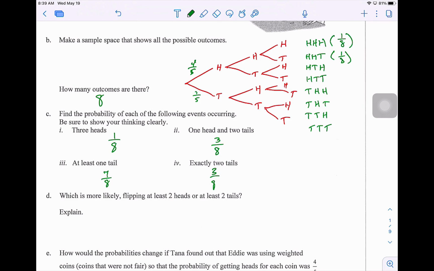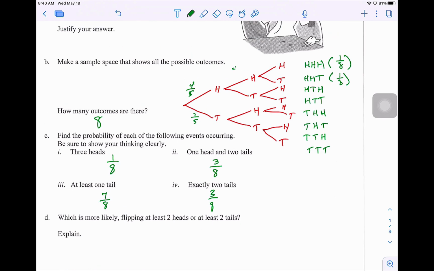And then same thing as you work your way through the tree diagram. Here you would have 4/5 for heads, 1/5 for tails. And you'd have to then go through and re-multiply your probabilities to calculate these final probabilities again. The outcomes would be the same, but the probability of those outcomes would then change.